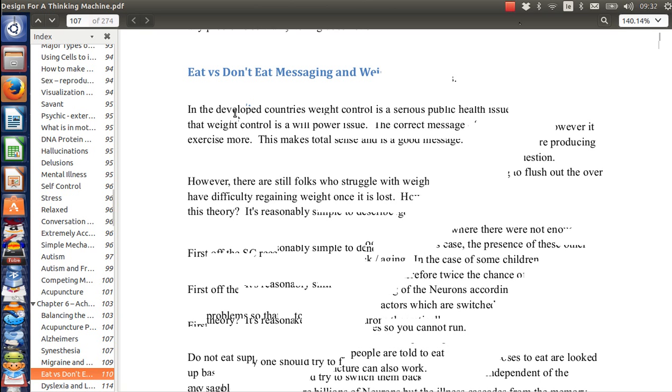It's a very complicated topic because food, of course, obviously has to do with how we stay alive, basically. So our body highly prioritizes eat and don't eat messages because it's how we function. There's a lot of good stuff out there about how important it is to exercise and to stay healthy, and to eat well.